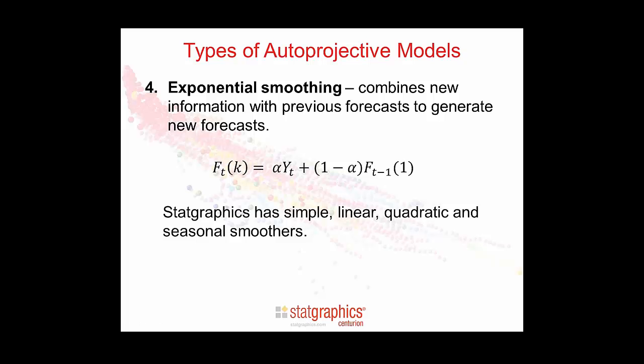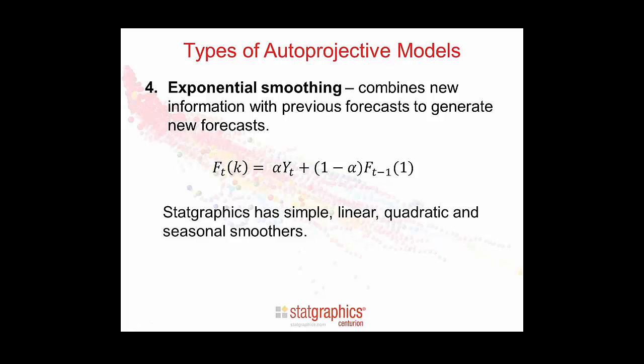Basically, you take a weighted average of the data that you obtained at y sub t and the forecast you would have made from the previous time period, the forecast you would have made at time t minus 1, looking one period ahead. You take a weighted average of the current data and the previous forecast to get a new forecast.